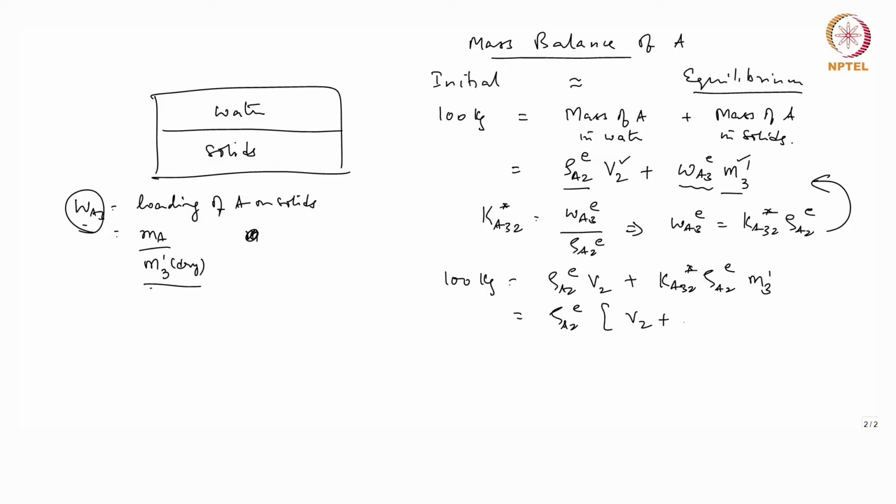Now, Ka32, this is a wet solid, completely wet solid. So, Ka32 is KOC FOC, because we are talking about an organic chemical here. We are all talking about organic chemicals, no inorganic chemicals in this particular problem. So, we have KOC FOC M3.